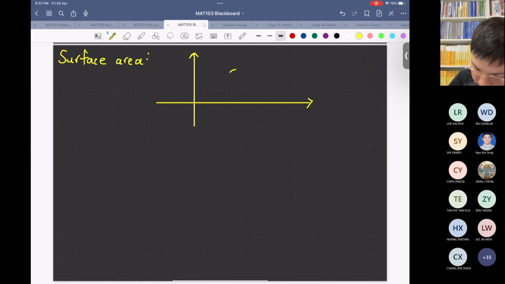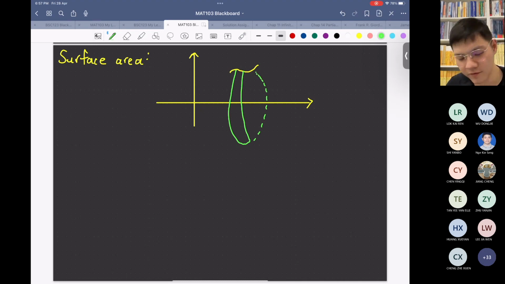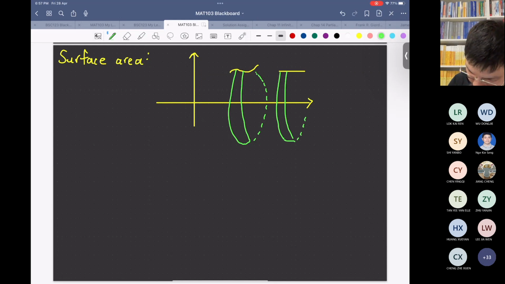You take a plane curve and then revolve it around the x-axis, 360 degrees. If it is a straight line, you should imagine that this traces out a cylinder. This is what you should imagine.